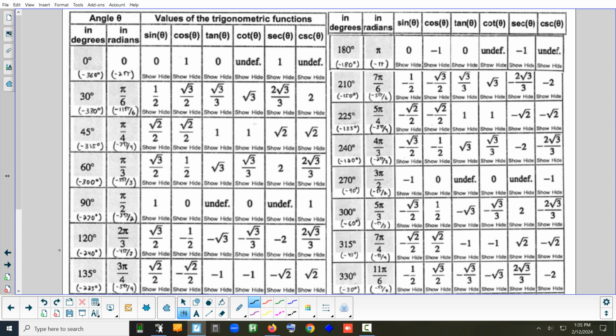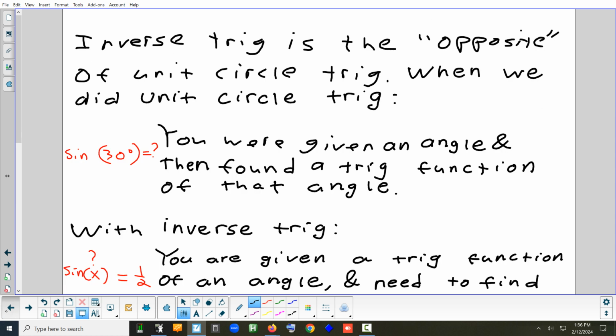What does it say? Undefined. It can't equal 90. It's the same thing if you look at negative 90 and go to tangent. It says undefined.